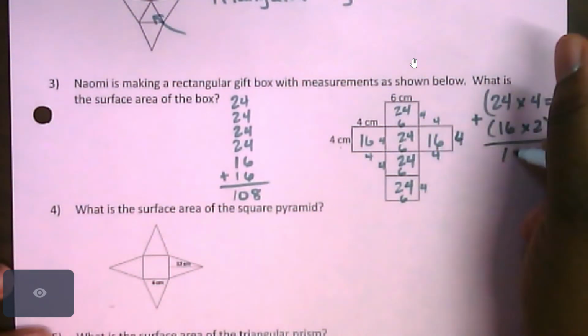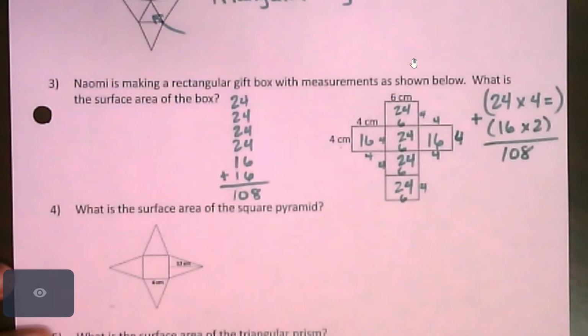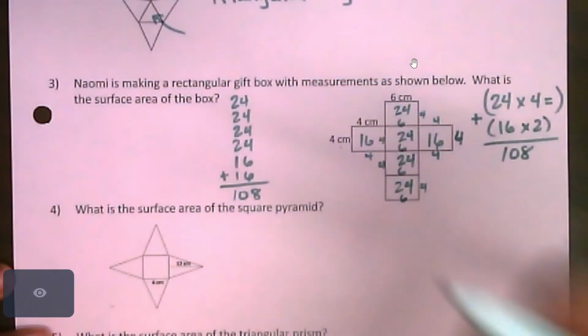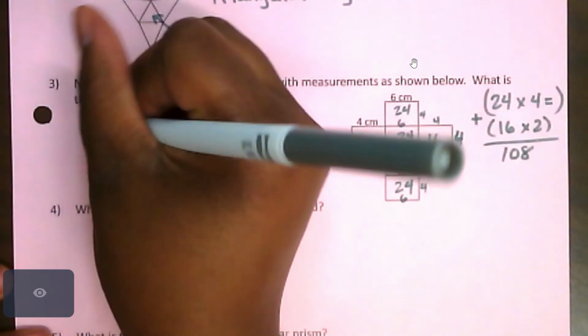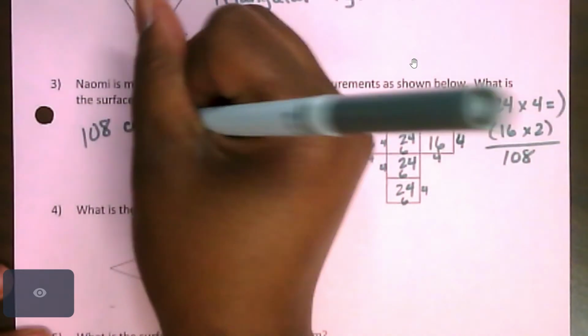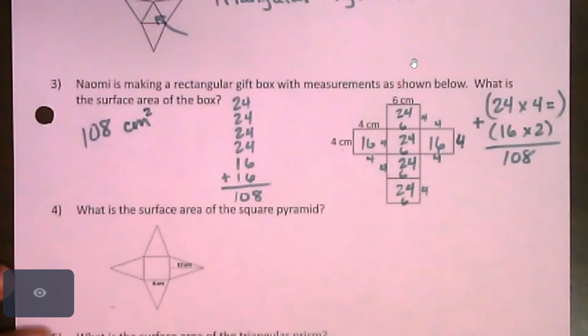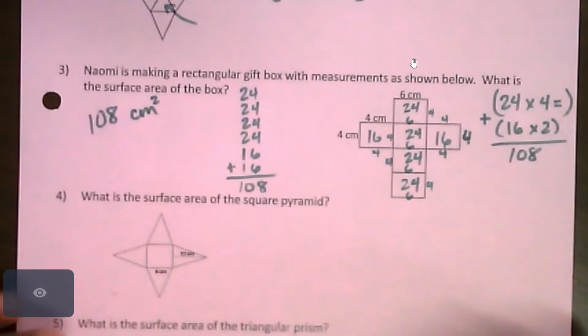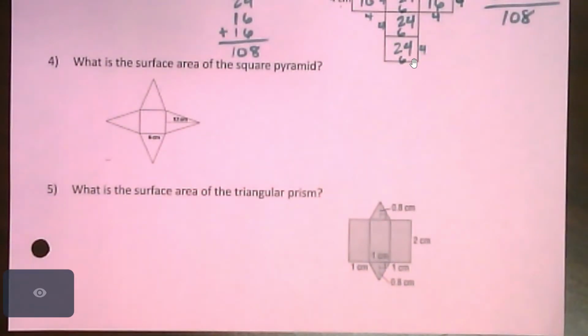And for the surface area, we have to remember our units. So this will be 108 square centimeters, or centimeter squared. All right, let's look at number 4.